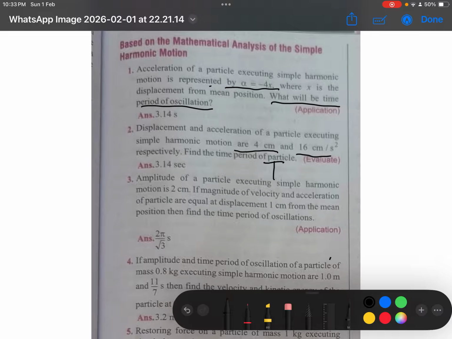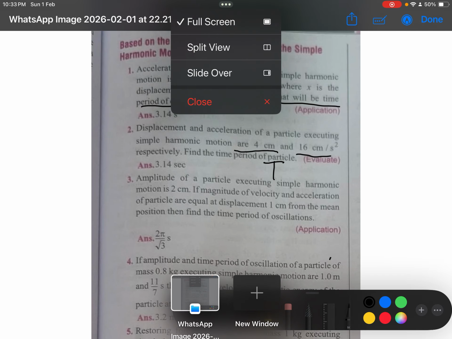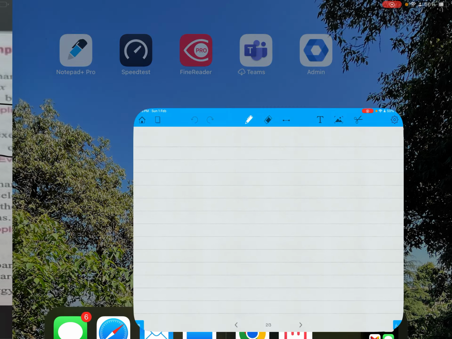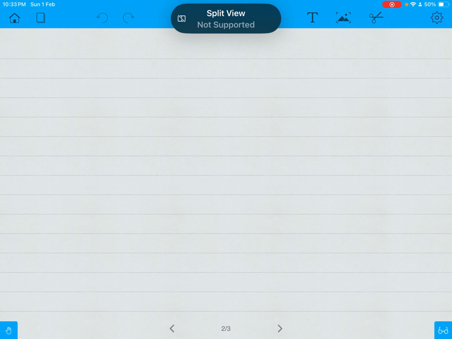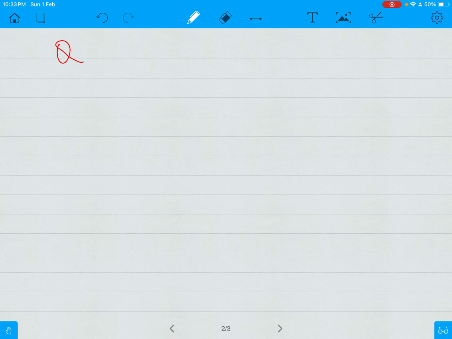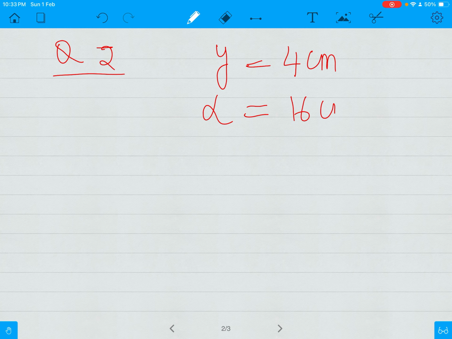It is clear. So you can see here, displacement is given 4 centimeter. This is question number 2. y equals 4 centimeter and alpha equals 16 centimeter per second square.